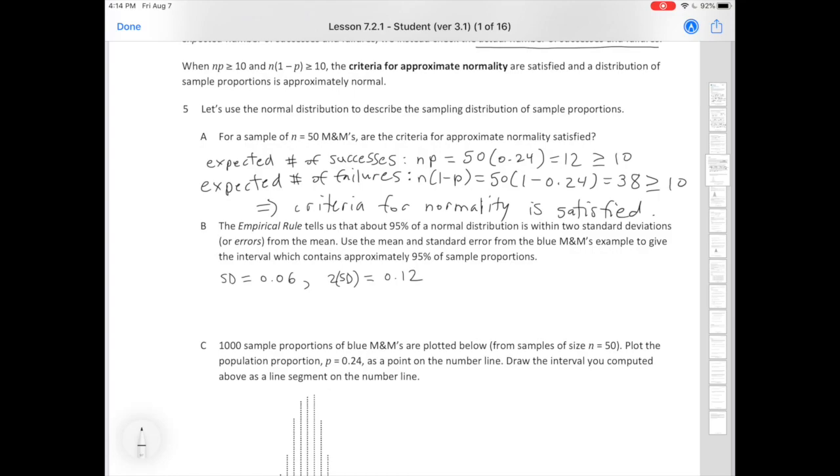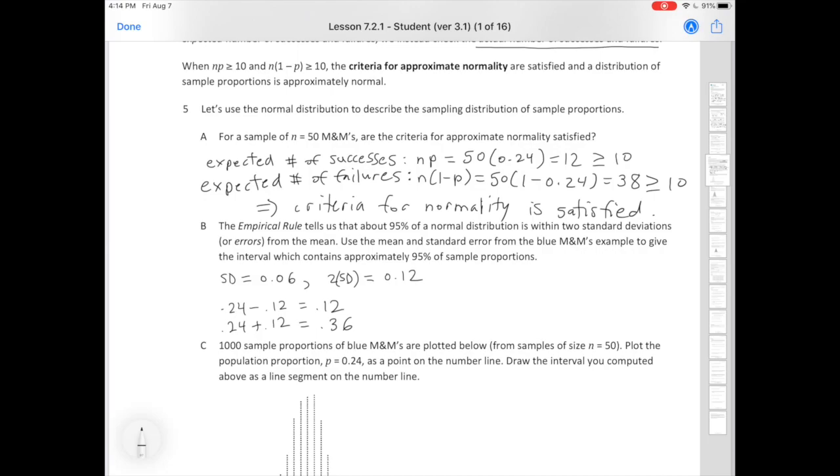If we started off with 0.24, let me do the subtraction first. First, we're going to do minus 0.12, and we get 0.12. And then if you do 0.24 plus 0.12, you get 0.36.